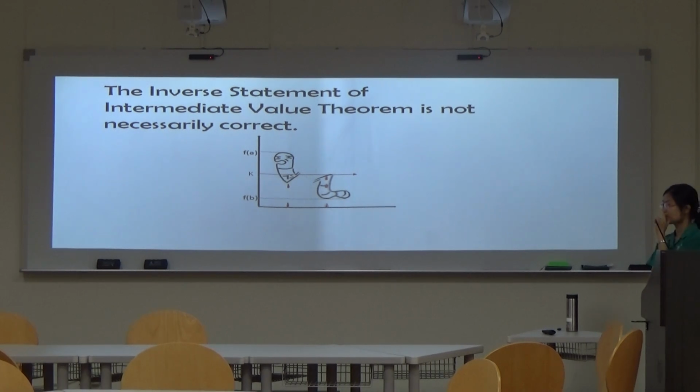So from this example, if a function satisfies the intermediate value theorem, it's not necessarily a continuous function, but a continuous function will 100% satisfy the statement of the intermediate value theorem.